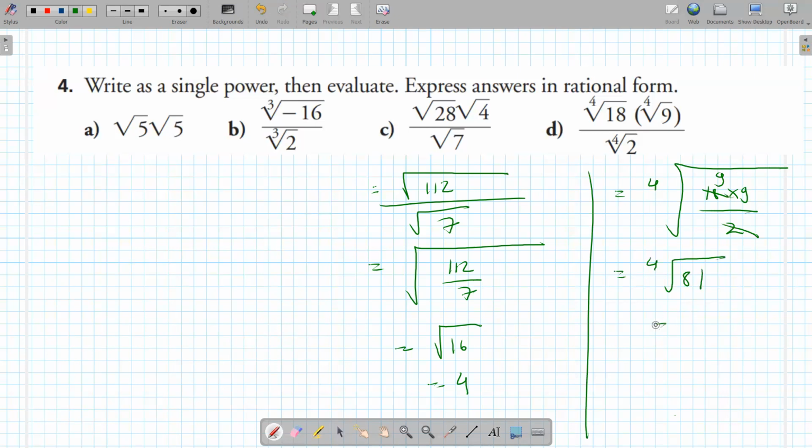What's the 4th root of 81? 3. 3, yeah. And this is it.